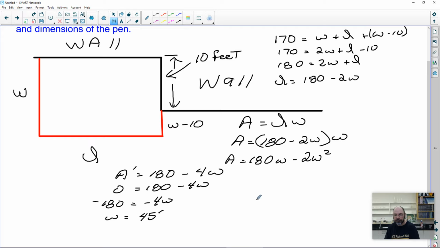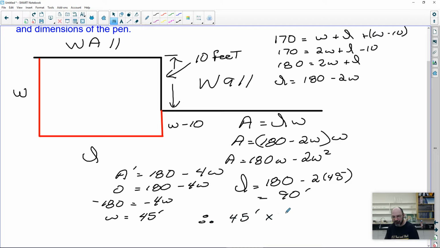Feet. Okay, and L is going to equal 180 minus 2 times 45, which in this case equals 90 feet. So therefore we have our dimensions at 45 feet by 90 feet.